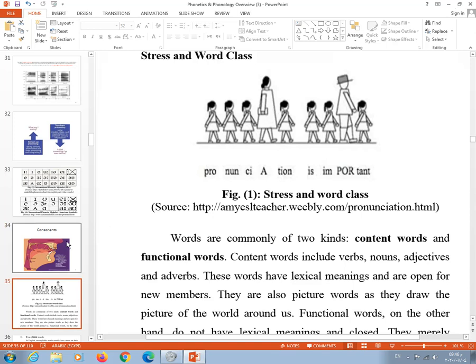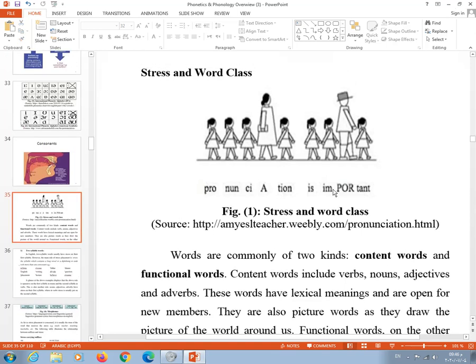Let's move to something which is higher than segmentals. In phonology, we have two kinds of areas of concern or study: segmentals and suprasegmentals. Segmentals refer to segments, how speech is divided into small units, vowels and consonants.